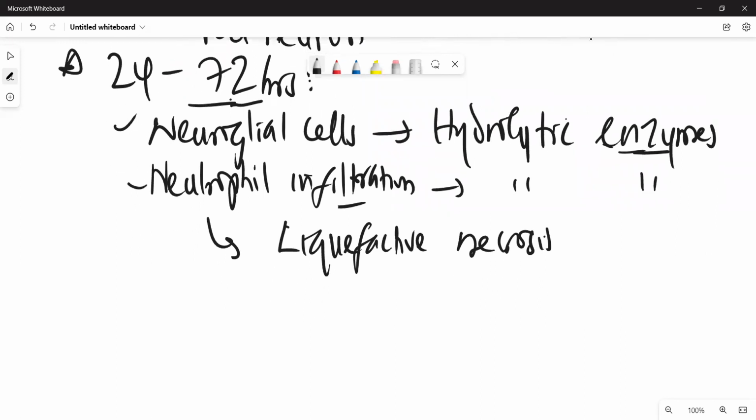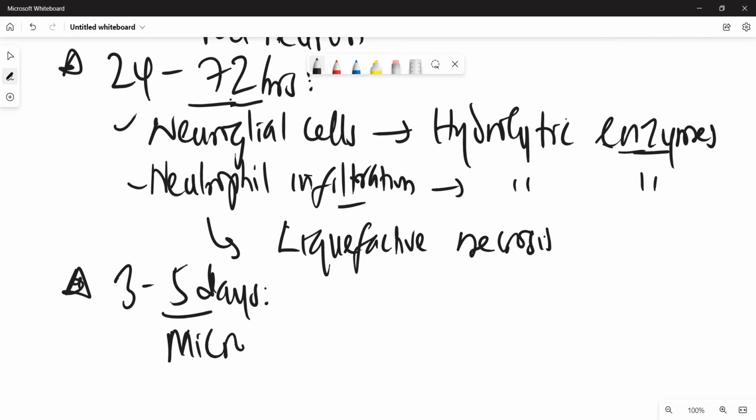And then by day 3 to 5, we start seeing microglia start to move in, right? And the microglia is the macrophage of the brain. So when we see the word microglia, basically what it means is the macrophage of the brain. Macrophages are what normally do the upkeeping, taking care of any garbage in the brain, or in our body.